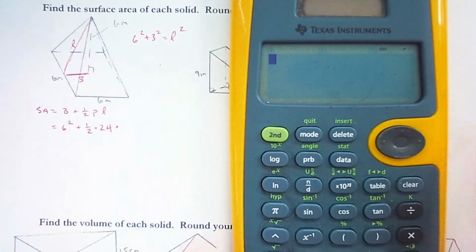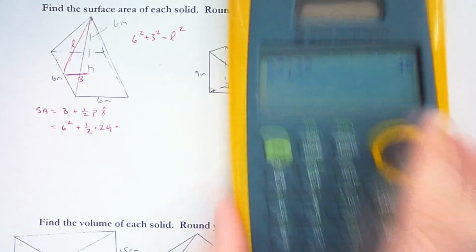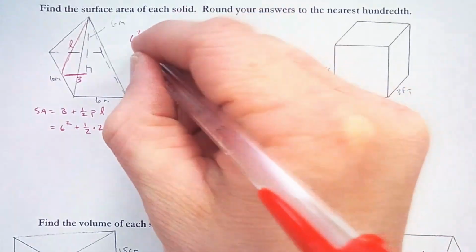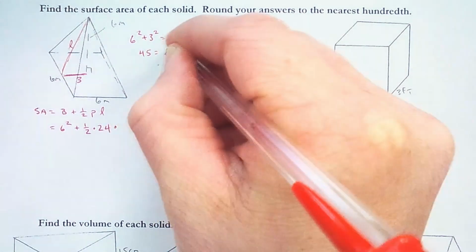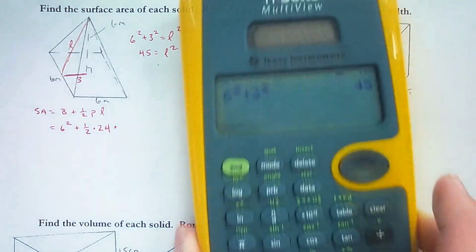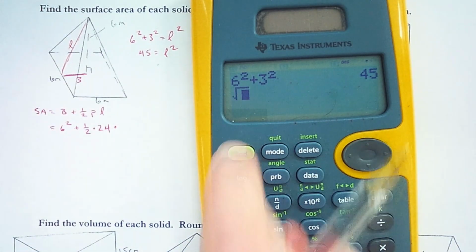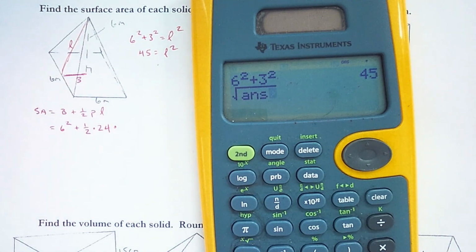So 6 squared plus 3 squared is 45. So we have 45 equals the slant height squared. Okay, so we'll do the square root of 45, and that is 3 times the square root of 5.